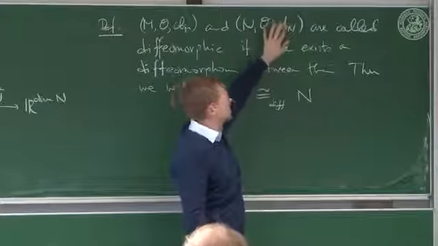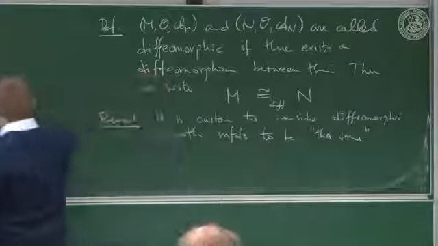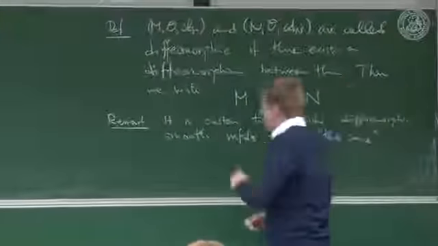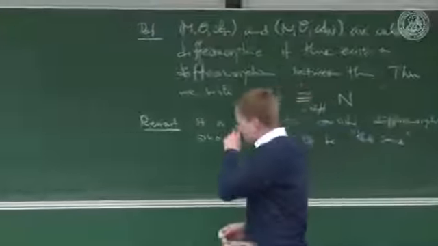So let's go back to the base. Here we have a set. Now we can equip a set with a topology, and I need to modify my picture a little. So this is now equipped with a topology.